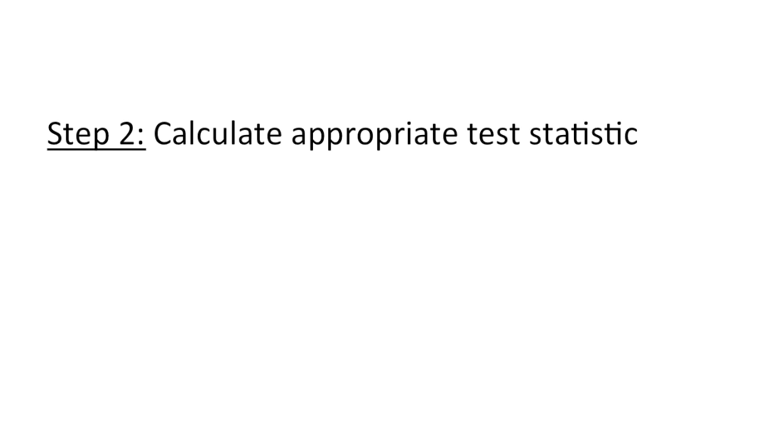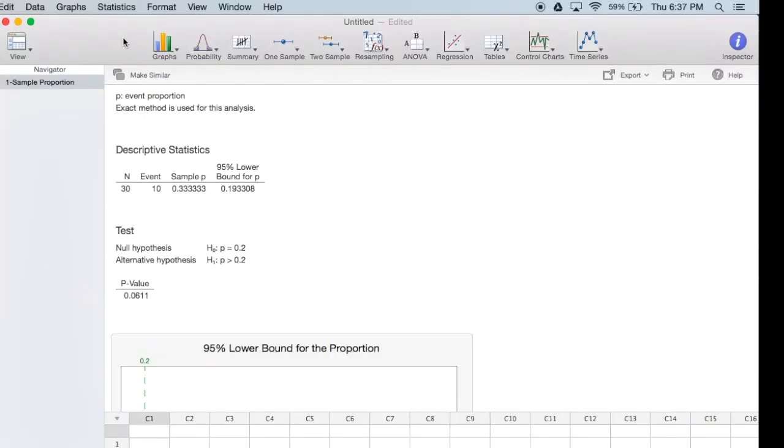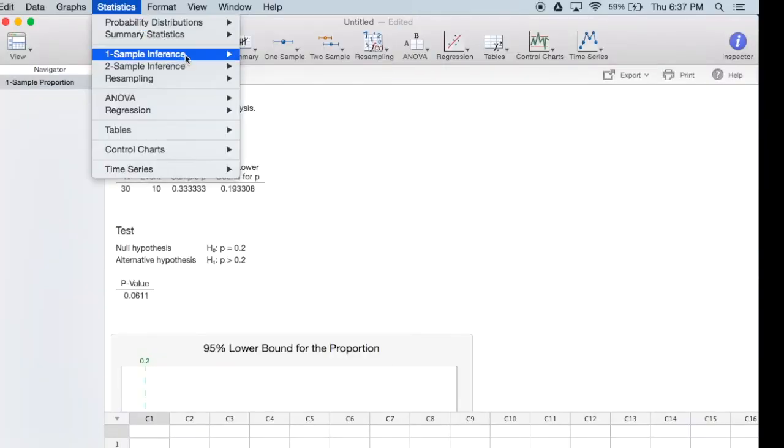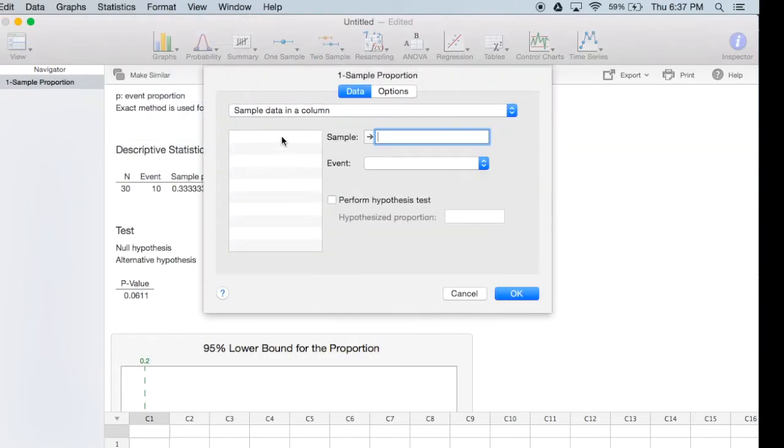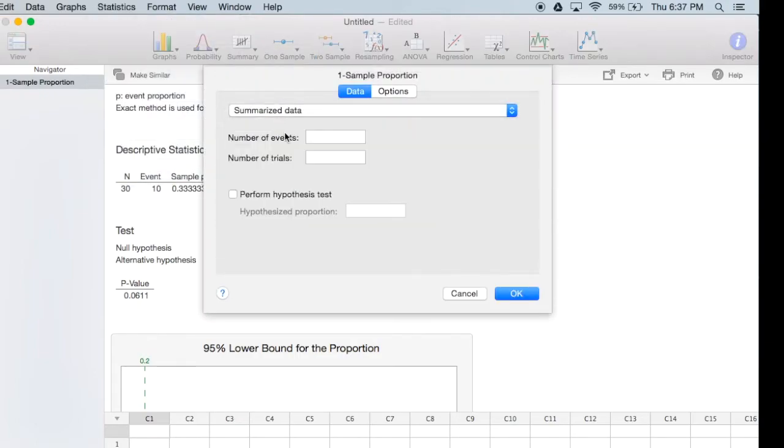It's much more efficient to use Minitab Express to complete steps 2 and 3 than it is to do these by hand. Again, in Minitab Express, we're conducting a one-sample inference proportion test. We have summarized data, X with the number of events, the number of successes was 56 out of 100.